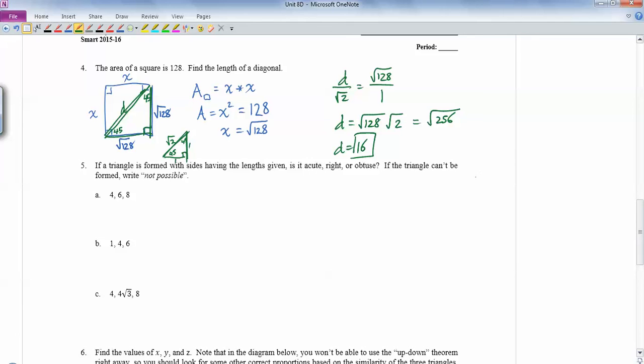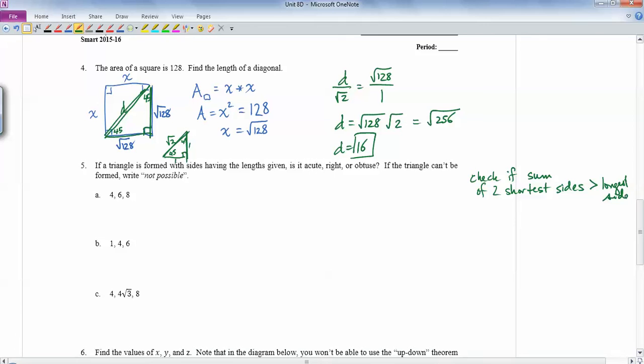To have a triangle that exists, you want to check if the sum of the 2 shortest sides is greater than the longest side. And if that's true, then you have a triangle that exists. Right? That we learned a couple units ago.